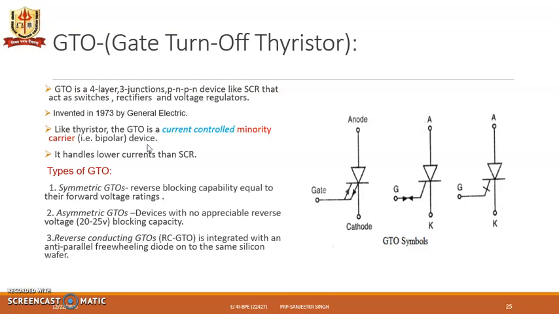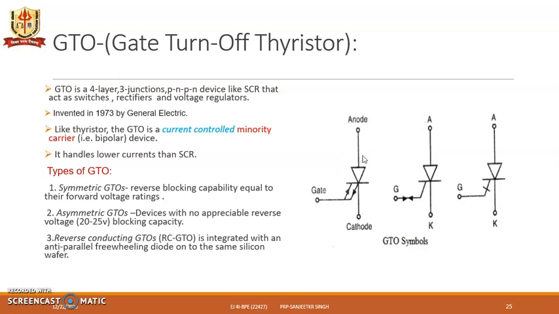During the conduction period, the device behaves just like a thyristor with very low on state voltage drop. Now, there are several varieties of GTOs, which can be classified as symmetric GTOs, asymmetric GTOs and reverse conducting GTOs. Symmetric GTOs are the ones in which the forward breakover voltage and the reverse breakover voltage are equal.